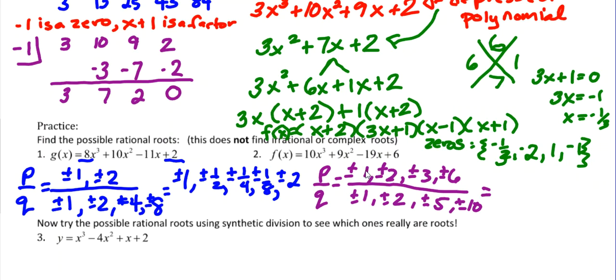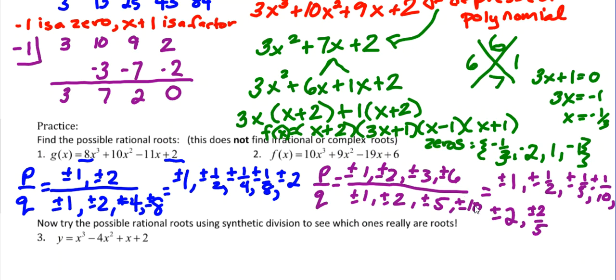So I'm going to start with 1: 1 over 1, 1 over 2, 1 over 5, 1 over 10. Okay, 2. So I have 2 over 1, 2 over 2, 2 over 5, and 2 over 10. 2 over 1, 2 over 2 makes 1, so we already have that covered. 2/5.